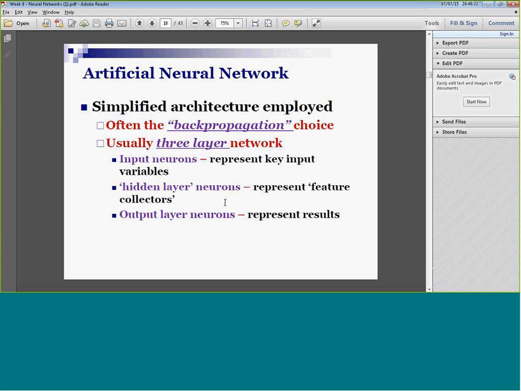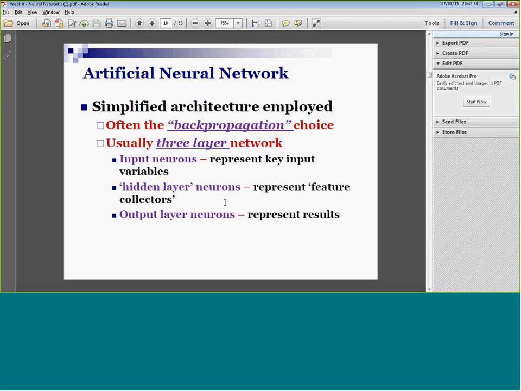Okay, so the backpropagation network usually has 3 layers to it. It can have more than 3, but 3, again, is the default. There's an input layer, which are, of course, the key inputs, and we've talked about inputs, predictor variables, just like we did. We had to have predictor variables for decision trees. We had to have predictor variables for regression. We have to have predictor variables, or inputs, I'll call them from now on, for neural networks.